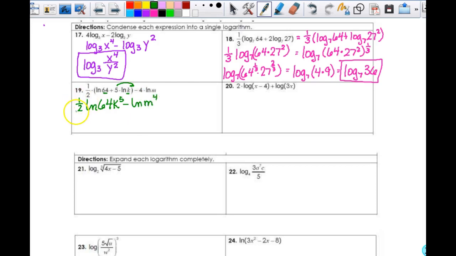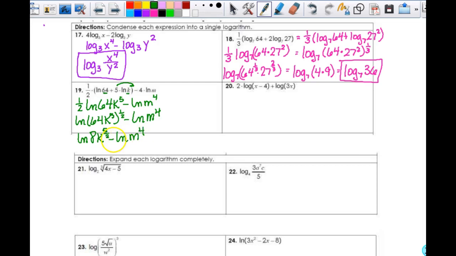So then this 1/2 is going to become an exponent over here, so natural log of 64 times k to the 5th, to the 1/2 power, minus the natural log of m to the 4th. When I distribute that 1/2 power to both of these, I'm going to take the square root of 64. So let me get the natural log of 8 times k to the 5/2 power, minus the natural log of m to the 4th.